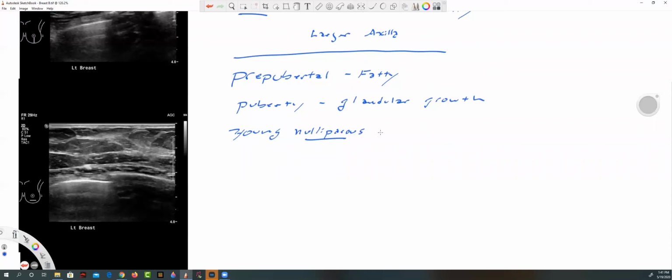Nulliparous, never been pregnant before. Probably mostly glandular. Now, if they're heavy, you know, fat's going to go to the breast as well. But for the most part, mostly glandular. So you're not going to see a whole lot of fatty tissue.